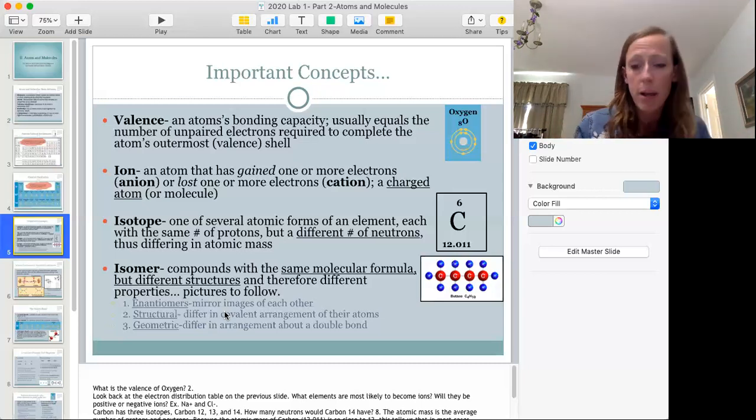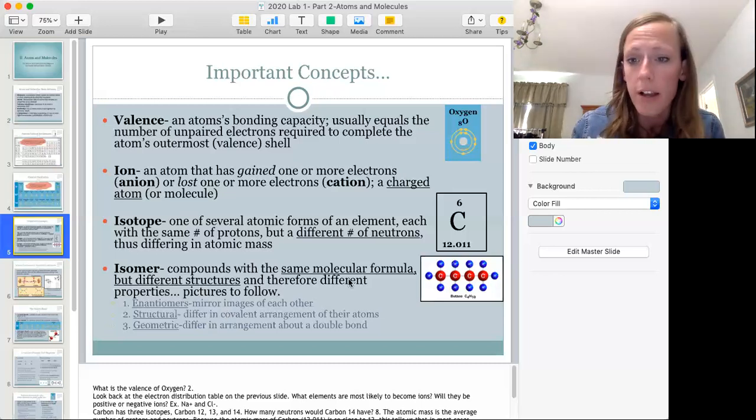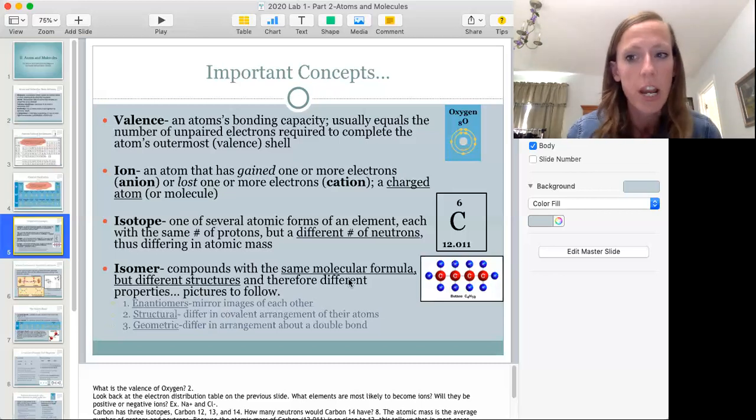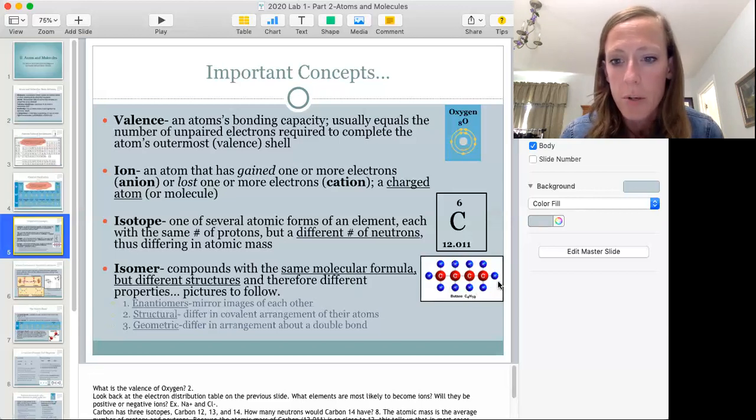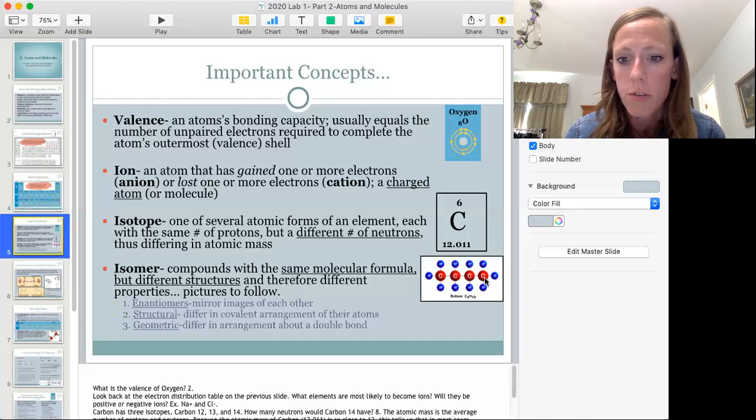And you can have compounds that have the exact same molecular formula, but they have different shapes. And we'll demonstrate this more on the next slide, but I just want to direct your attention to this picture of butane, which has a molecular formula of C4H10, four carbons. Okay, and you can see it written here, but that's indicating there are 4 carbons, C4, and 10 hydrogens, okay?